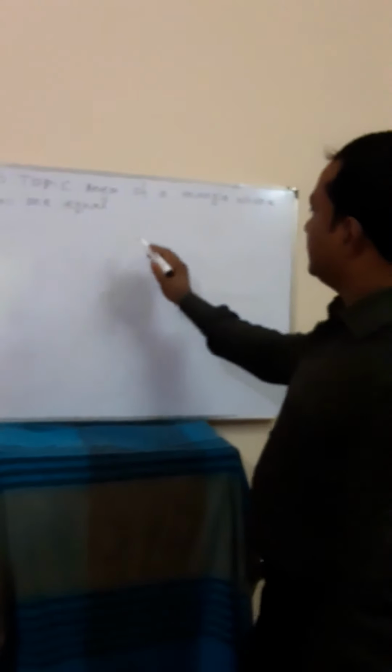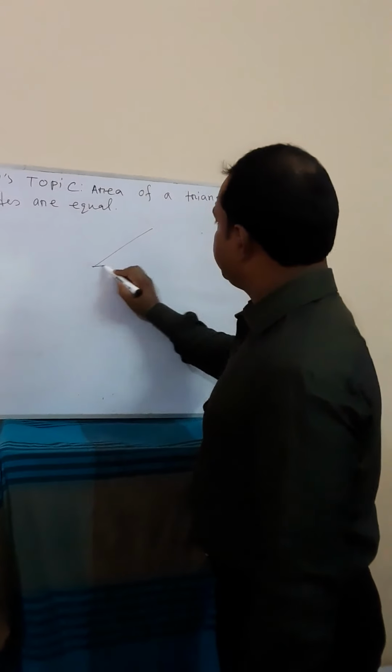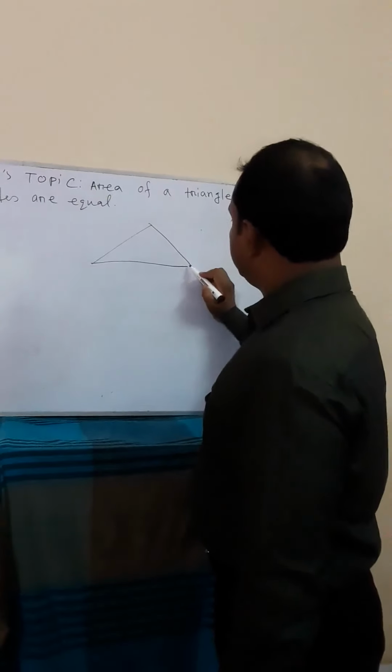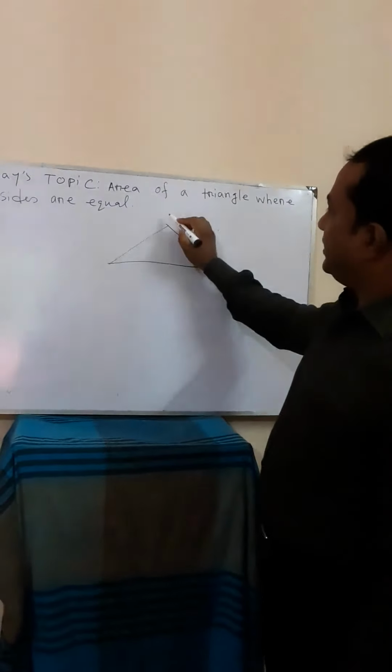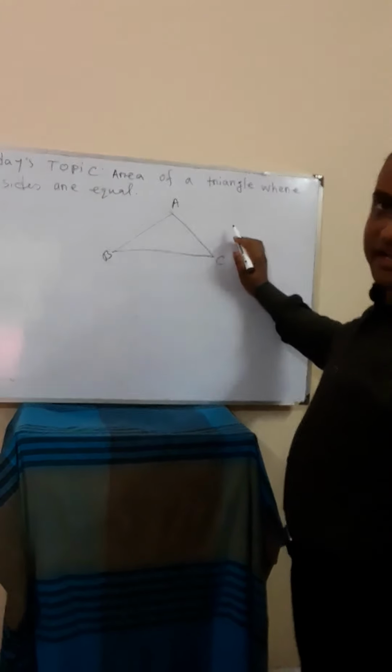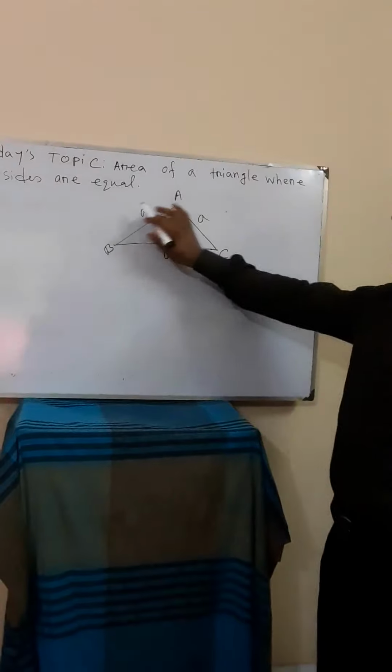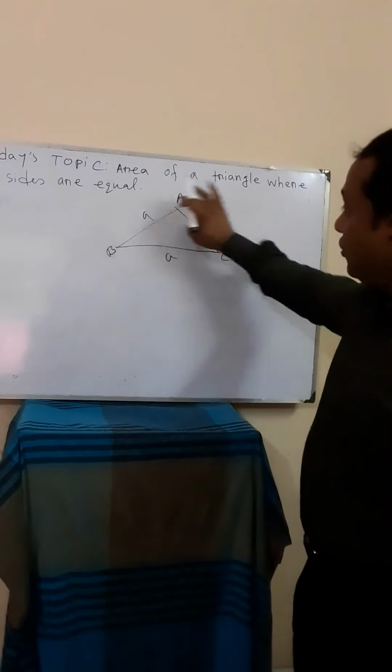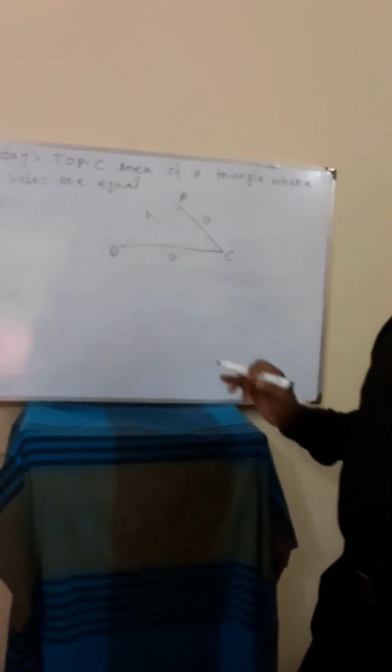For example, this is an equilateral triangle. Here ABC is a triangle and its side is A. It may be 2 centimeter or 3 centimeter, but all sides are the same.